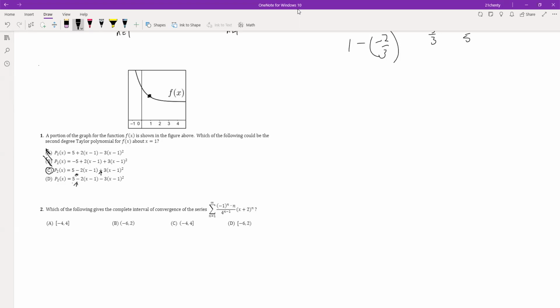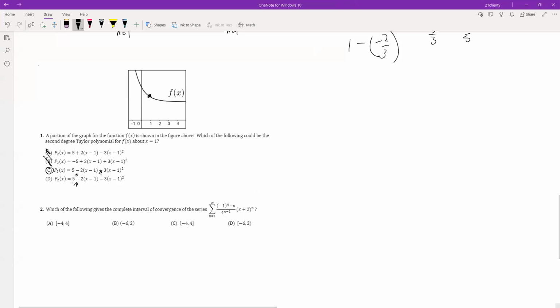Now for 2, which of the following gives the complete interval of convergence of the series? Oh, we have to do another interval of convergence.